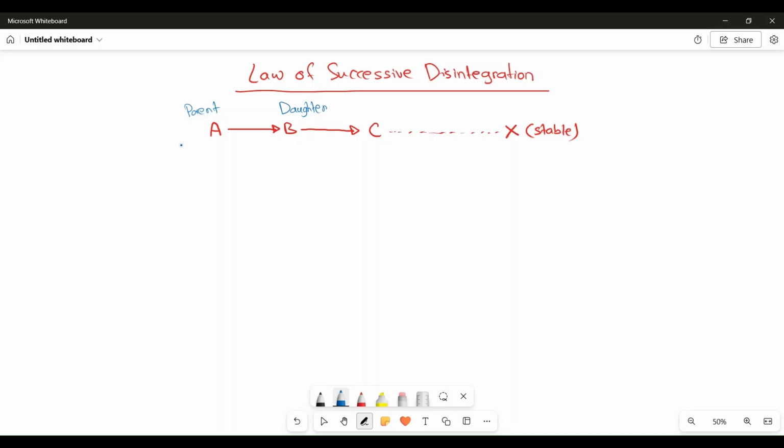Suppose at any time t, the number of nuclei of element A is n1, and then we have n2. We know this from the law of disintegration.